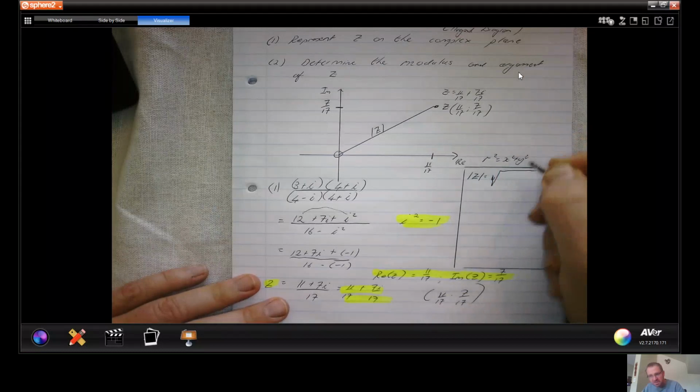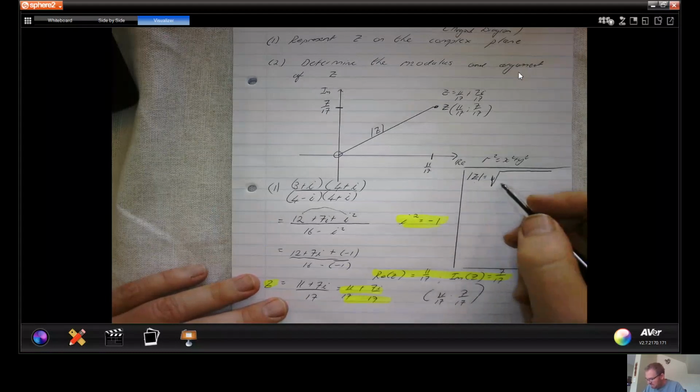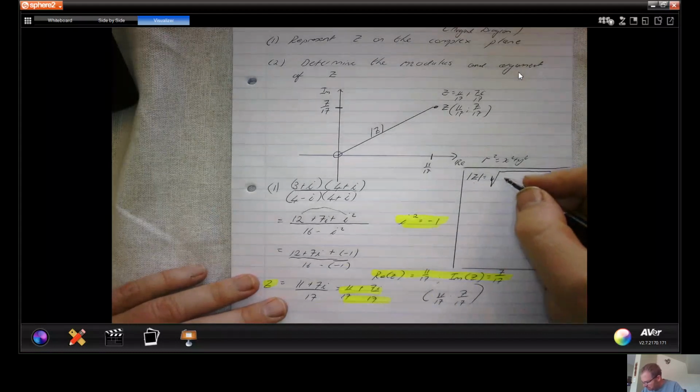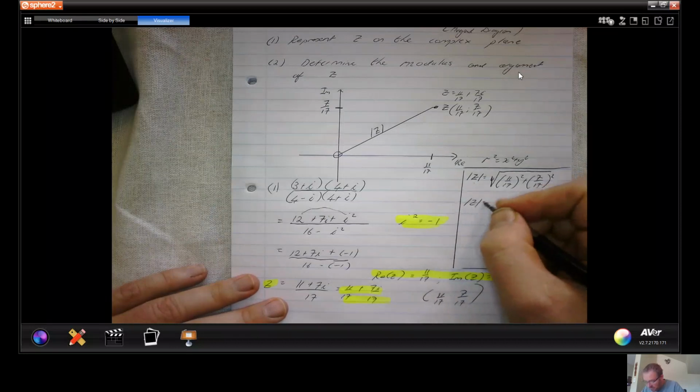That's my starting point using Pythagoras. So r is the square root of that. So the modulus of Z is going to be equal to the square root of the x coordinate squared, 11 over 17 squared, plus, it's going to be an ugly number, 7 over 17 squared. And that's just a bit of calculator work.